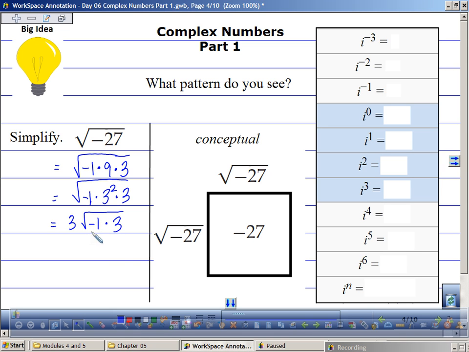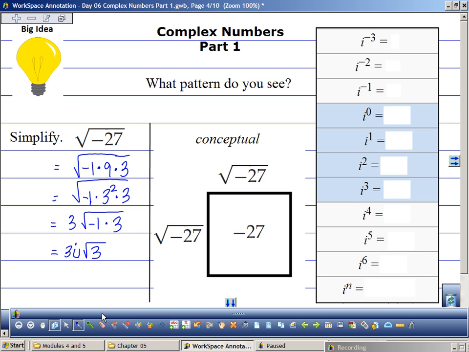Now the reason I'm leaving this negative 1 is because this is what makes it imaginary. And I'm going to show you why it makes it imaginary. So when it's imaginary, I bring it out of the square root sign and I say 3i square root 3.